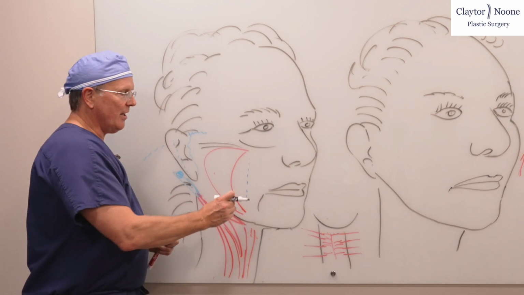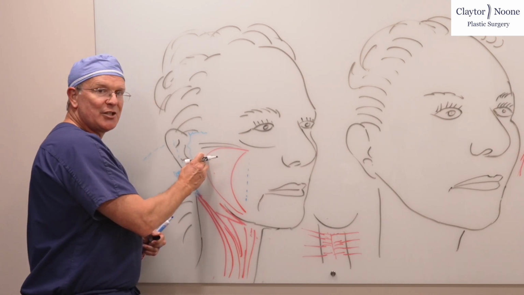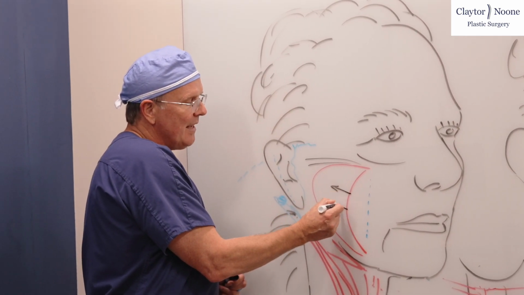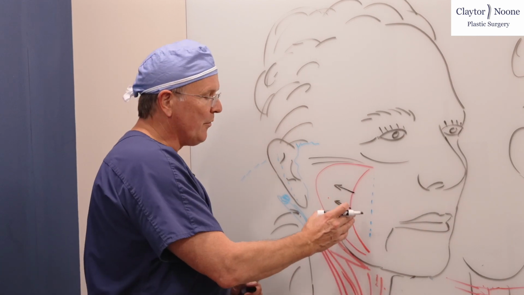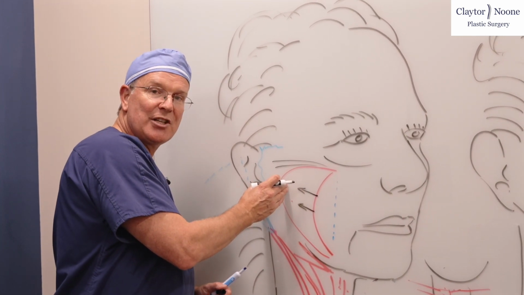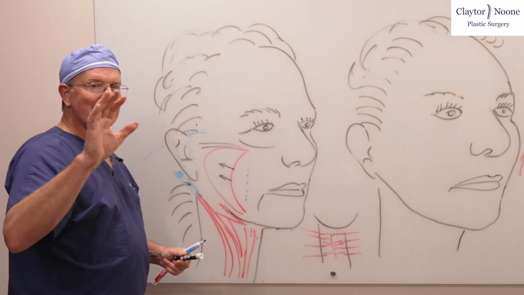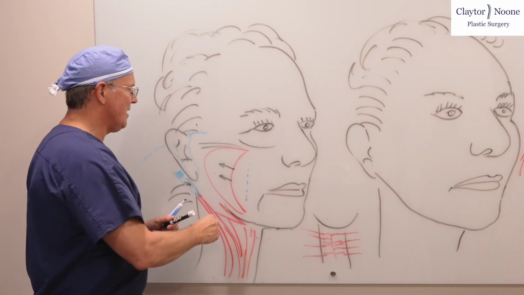And that's generally done where you grab some of this and you attach it up to here. And so effectively you pull these two together and lift up the mobile SMAS and attach it to the non-mobile SMAS, or even up into the temporal fascia. So that's the SMAS plication.